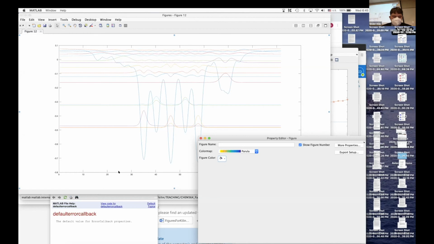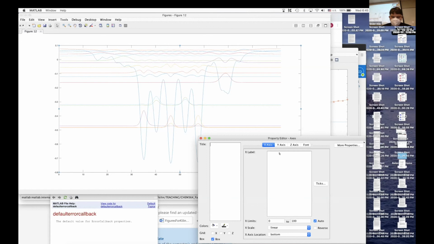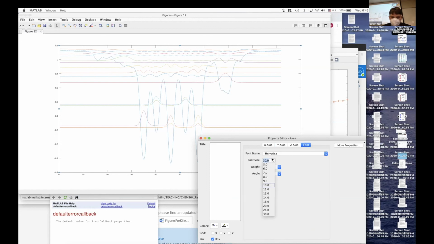If I click on this axis, it brings up this font. I can increase it, which will make the figure much more beautiful.